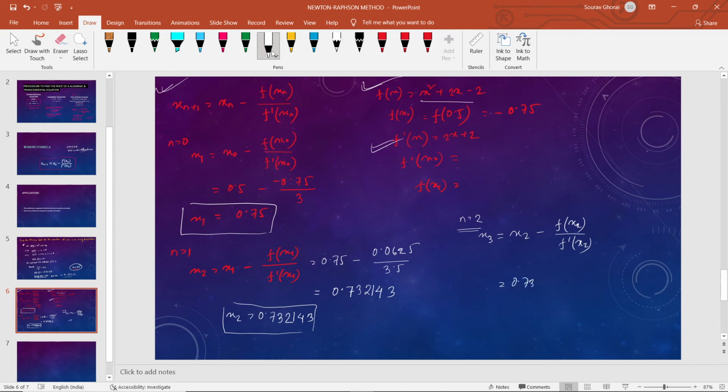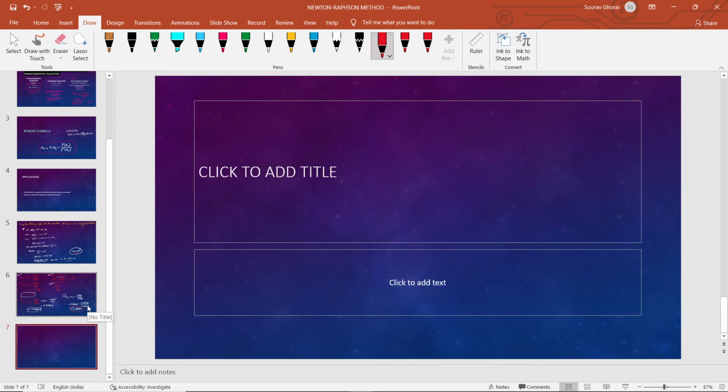This is 0.732143 minus 0.00032, which will be f(x2) if you calculate, and f dash x2 you will get 3.46429, and if you simplify you will get the value 0.732051. So you will get this value here, 0.732051.